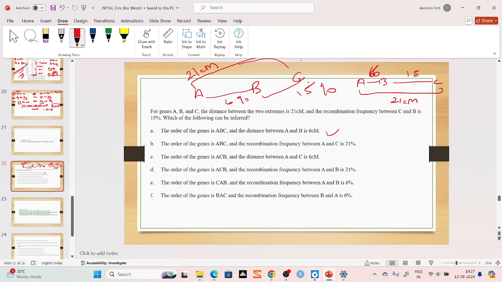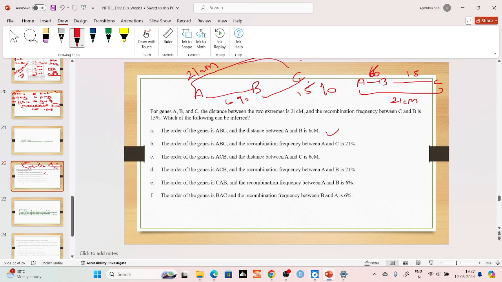Okay, chalo. The order of the genes is A, B, and C, and the recombination frequency between A and C is 21%. Recombination frequency they are asking. The order of the genes is ACB. It doesn't look really nice to me because the distance between the two extremes is 21, and if C and B are 15%, then A and C would be 6 only.